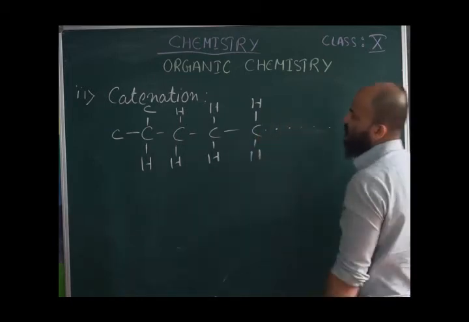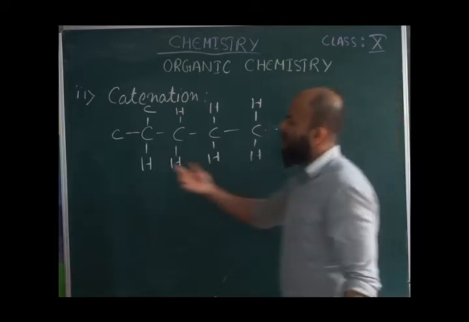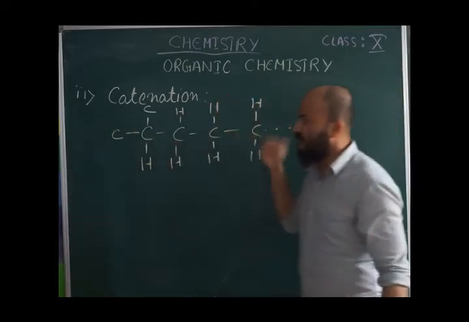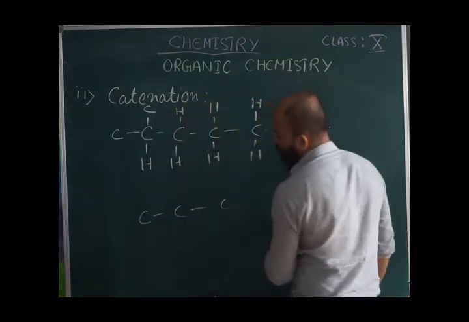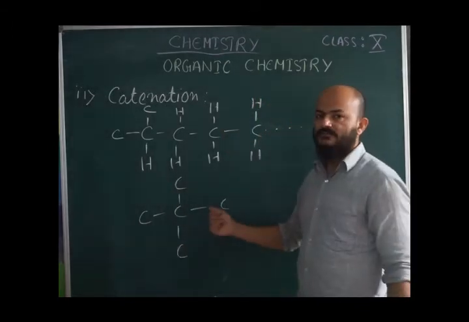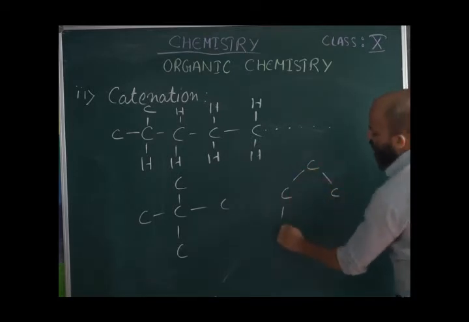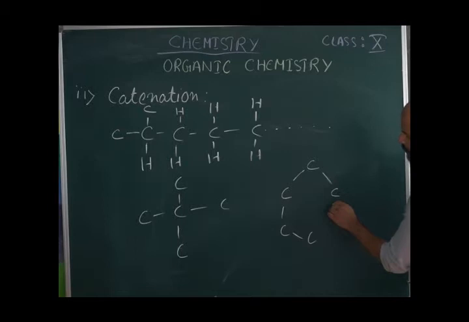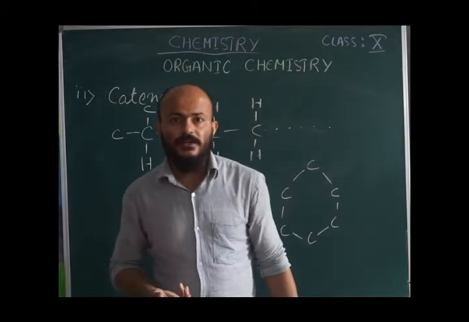So this can be elongated in this direction as well as this direction also. This is a straight chain, and it can also form a branch chain. So instead of carbon going in a straight chain, it could be carbon this side also. The other way in which it can exist is in ring form, 1, 2, 3, 4, 5, 6. It could form 3-membered ring, 5-membered ring, 6-membered ring, etc.